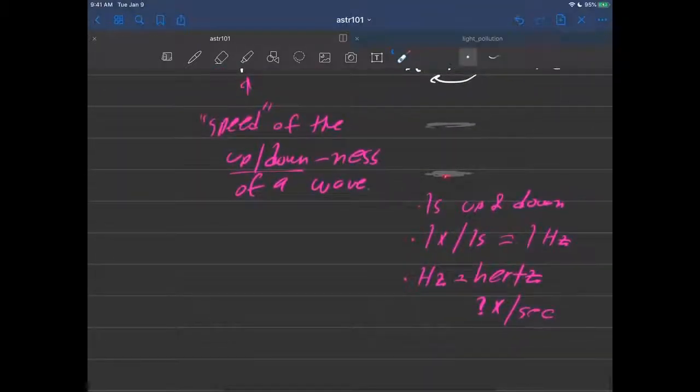If I do this, alligator 1, alligator 1, alligator 1, I'll drop the alligator, but try to keep my rate going. So I'm going up and down once per second. So this red thing is a 1 hertz frequency.